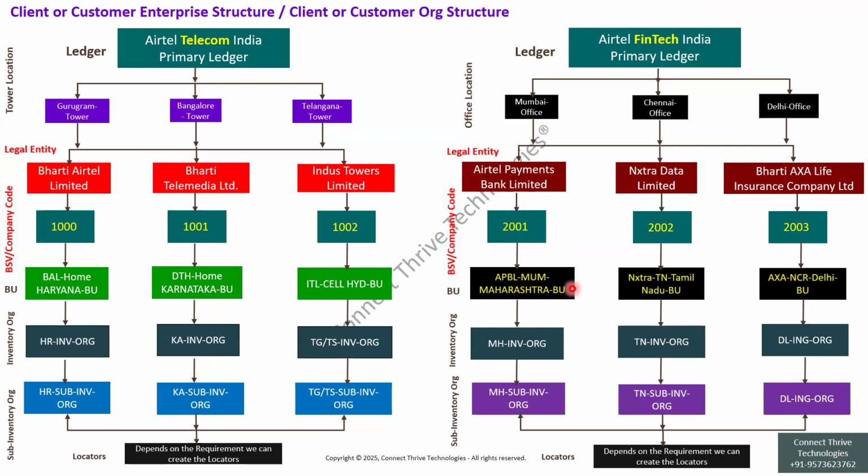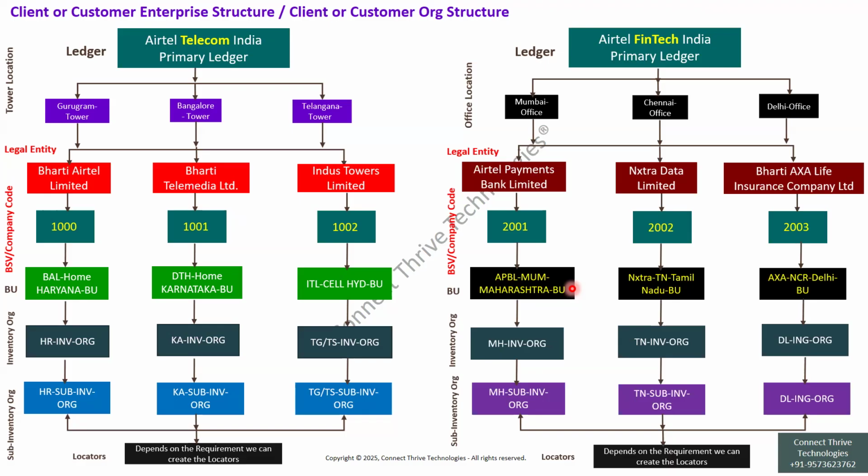If you take the Toshiba case, MDH case, GE Digital case, Akshay Patra case, and then this Airtel case, it completely depends on the client, the customer, how they are operating their business in that particular country, state, or location. Accordingly, we can design the respective architecture or enterprise structure.